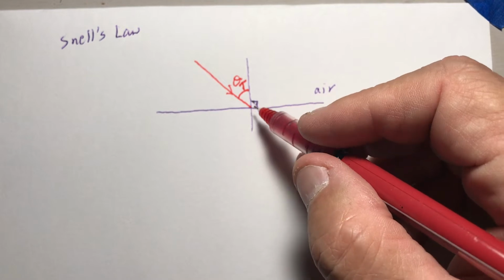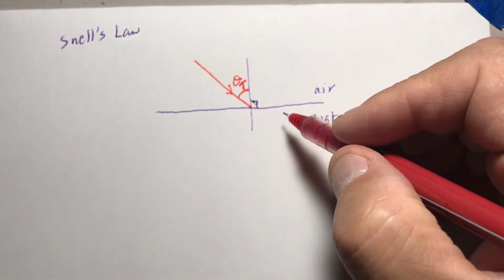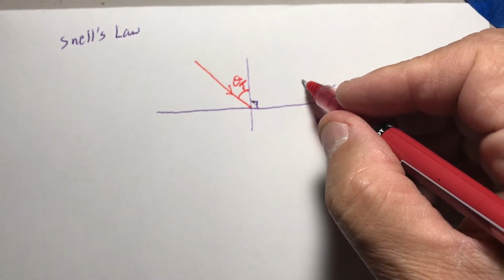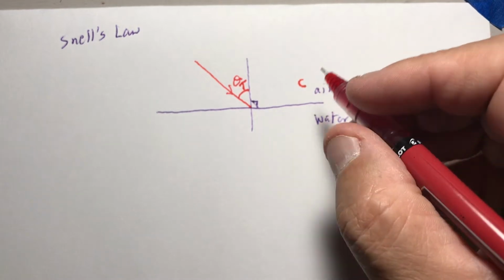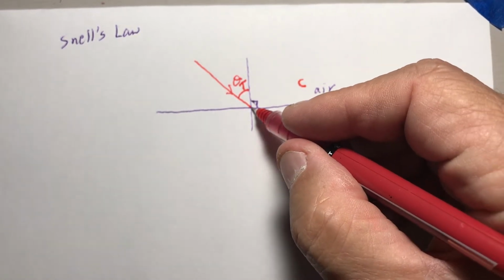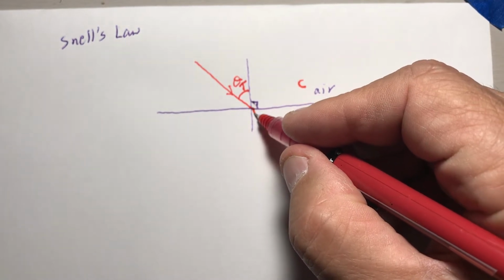So the light will slow down, will not go with the speed of light, will go with some speed, we call it v. So here at the top we have the speed of light, and here we have the velocity v. So the light will refract, will go something like that.